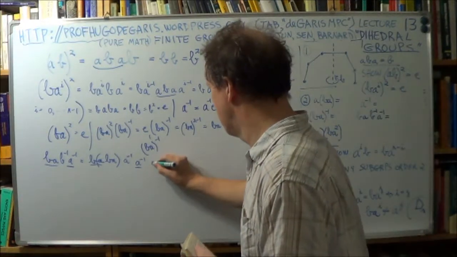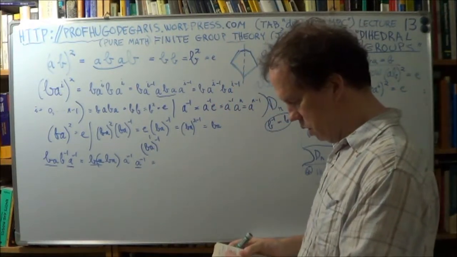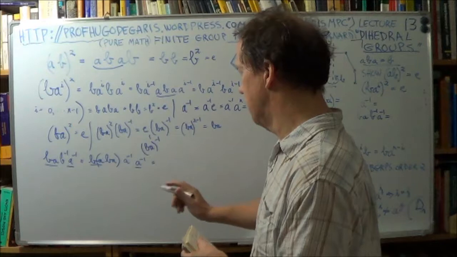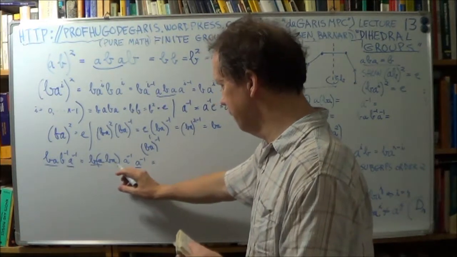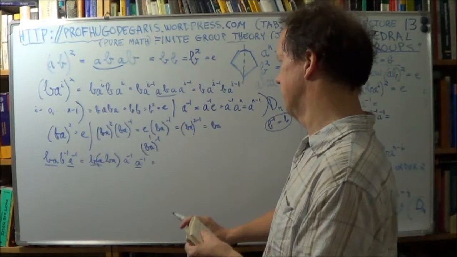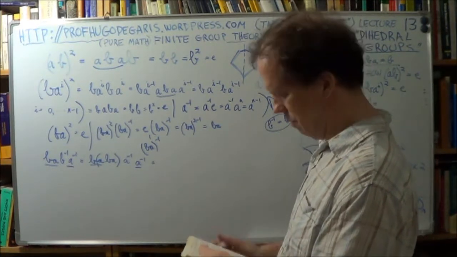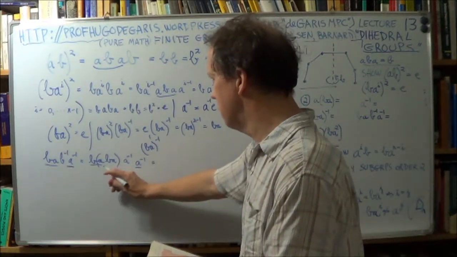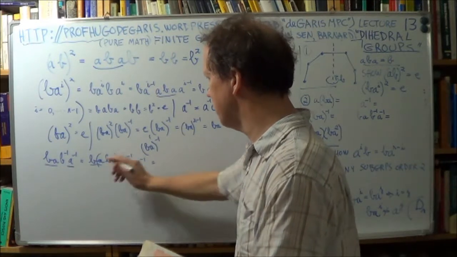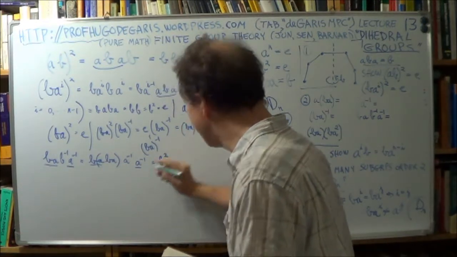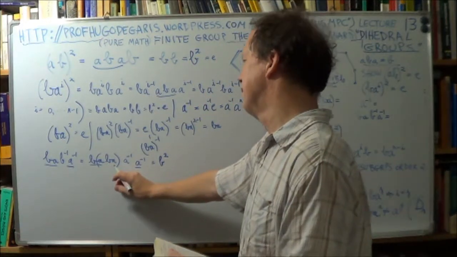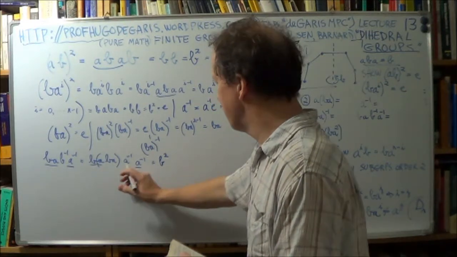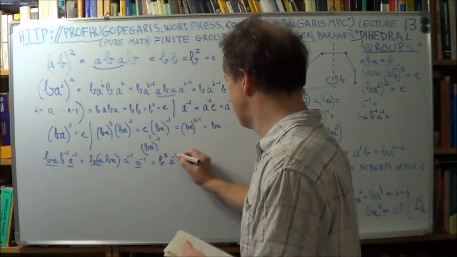And that gives you ABA. Well, he just says this is B squared, because that's just B. I don't know why he just didn't put a B in here directly. Okay, so B squared and A to the minus 2.